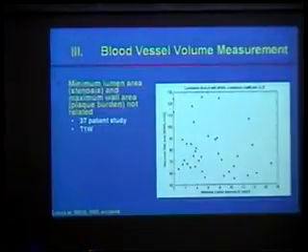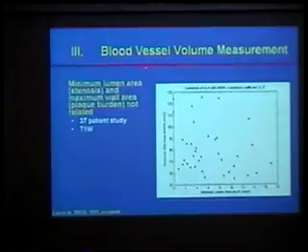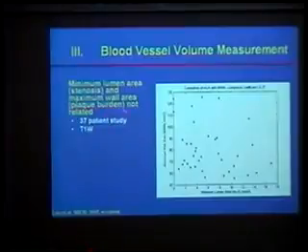Another thing that we look at, based on area or volume measurement, is whether the lumen stenosis, as we measure clinically, correlates with what we're measuring now. We use one parameter in this, called maximum wall area.